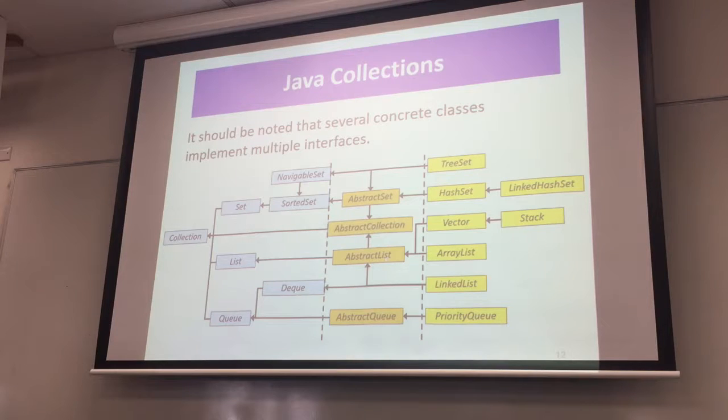And you will see that frequently we have array list objects defined from list type in order to allow for polymorphism. List is an interface, and array list is the class.